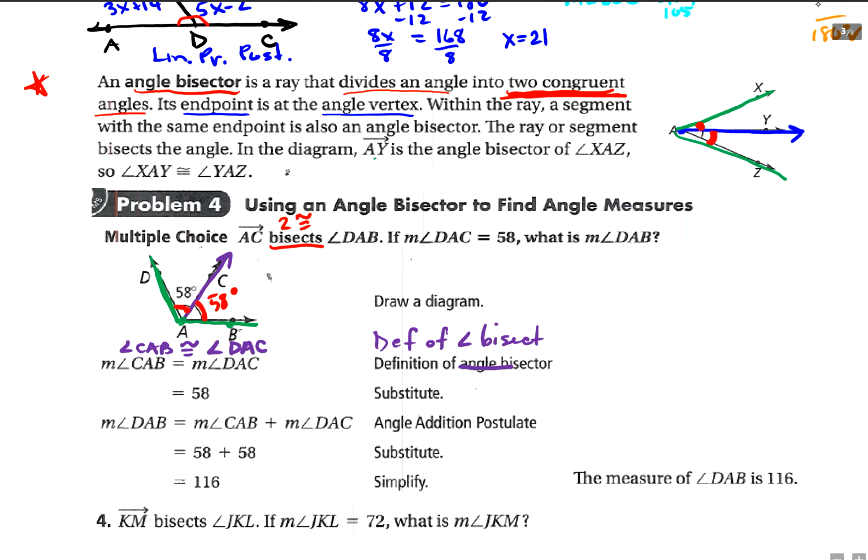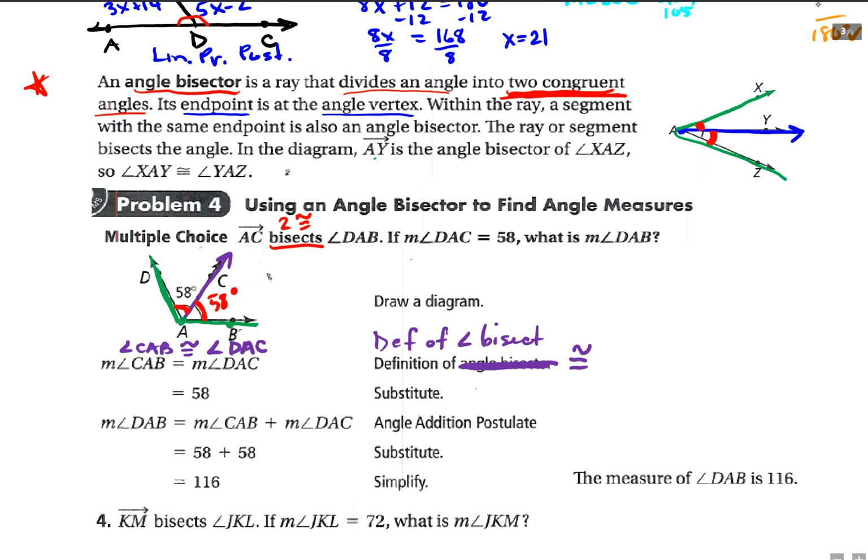And then we could say the measures are equal by definition of congruence. We don't go straight to the measures there. And I wish they would do this correctly from the start, because once we get into proofs, they change it to this. They should teach you correctly from the beginning.